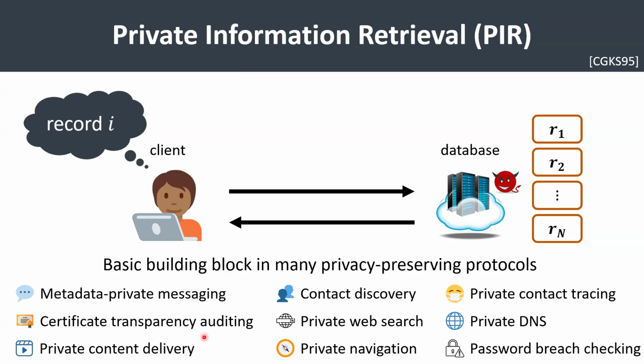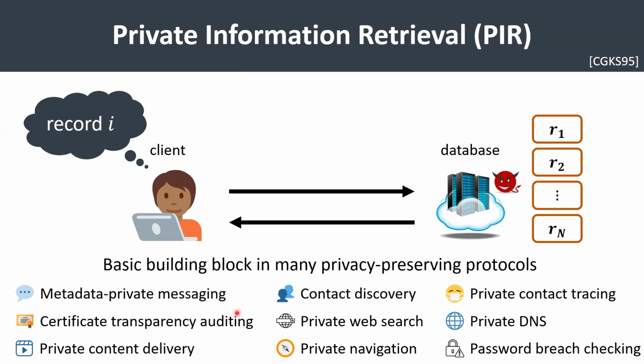Primarily for their application, they're looking at doing some kind of private voice call, caller ID type of application. So it's like your phone has received an incoming call. You want to check whether this caller or this number is known to be spam or not.